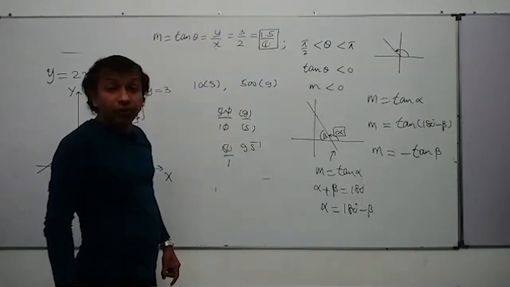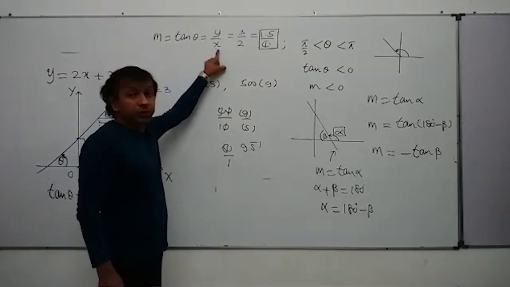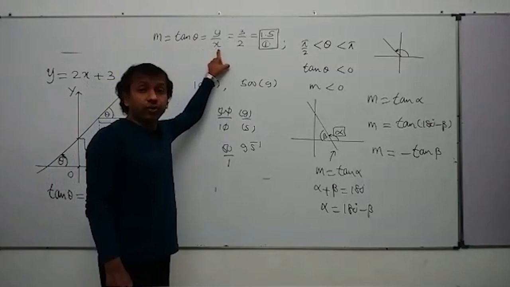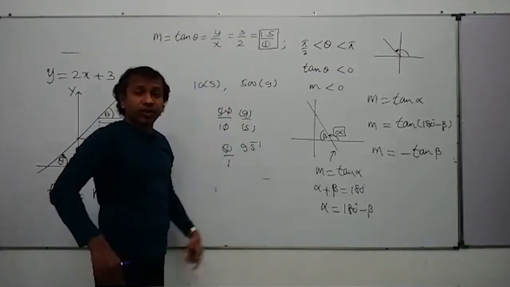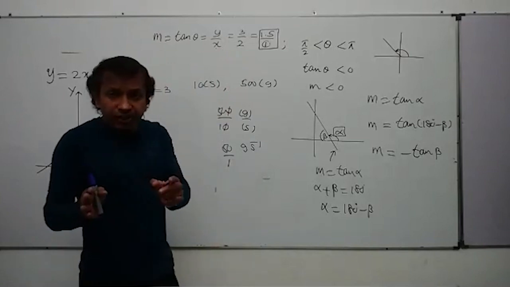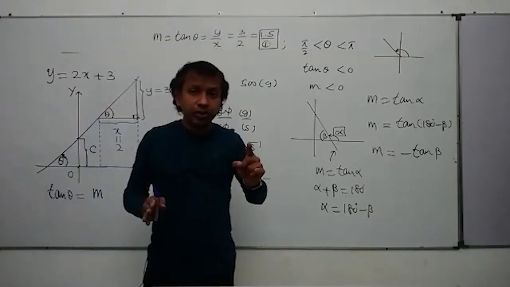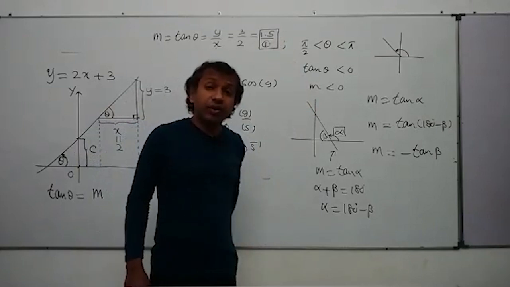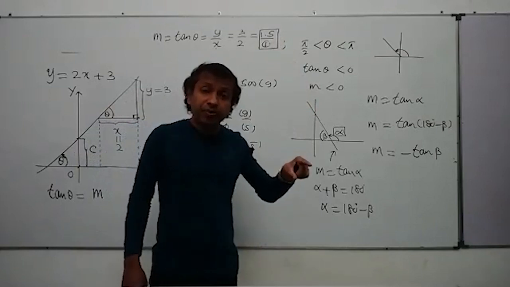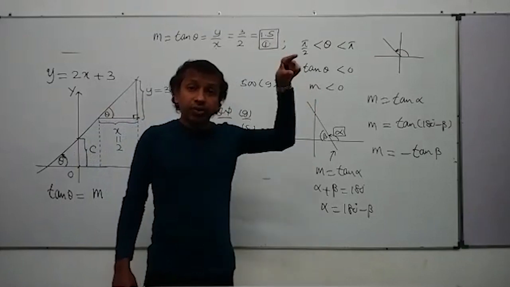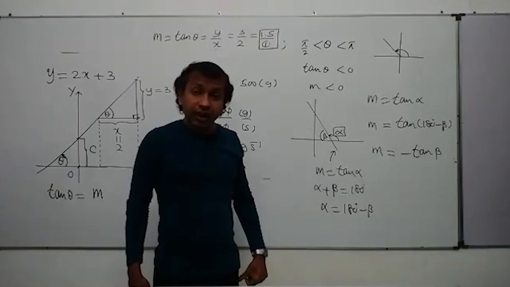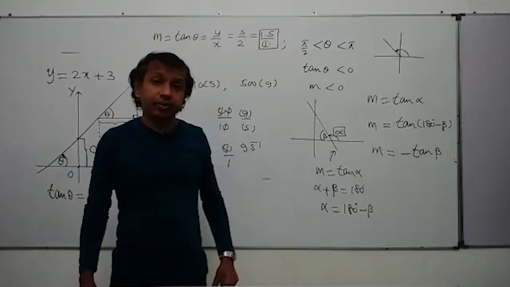So therefore, this gradient we can introduce as the rate of change of y with respect to x. If we further explain that, if this denominator x changes by 1 unit, what is the corresponding change in y? That change of y can be either increasing or decreasing. Okay, that is called the gradient.